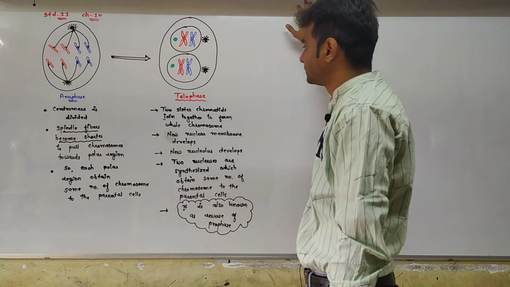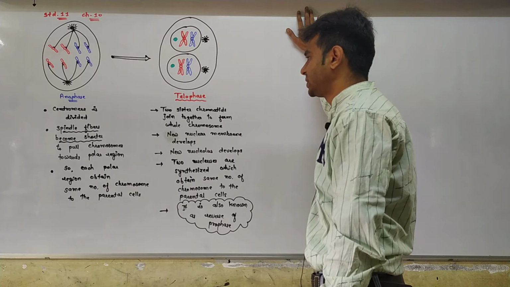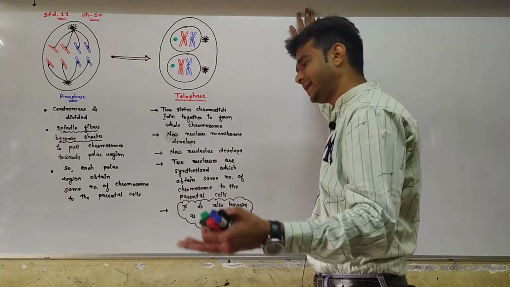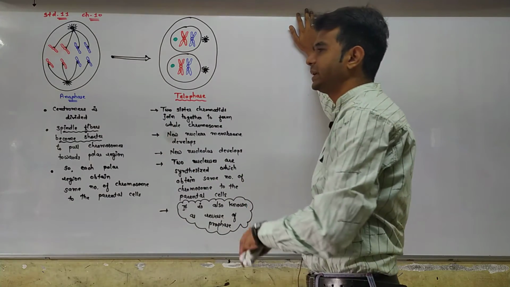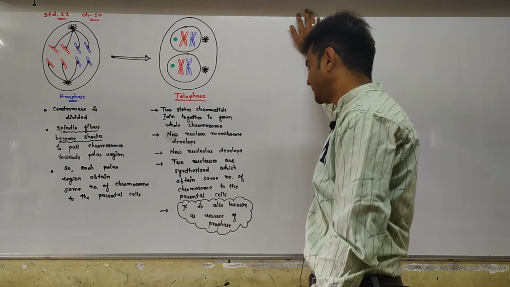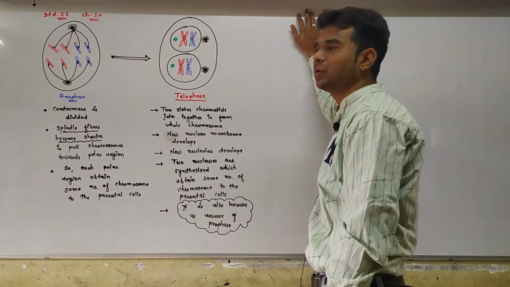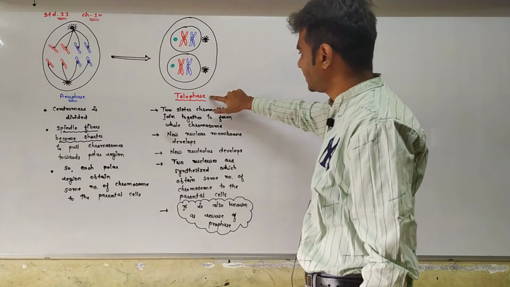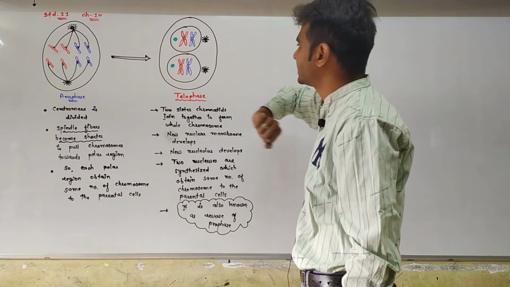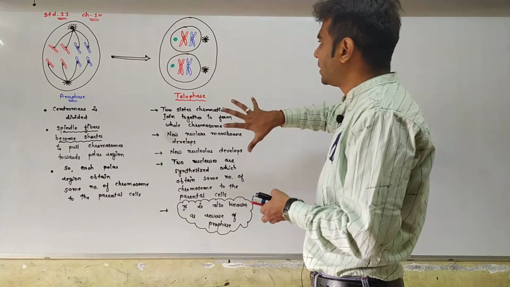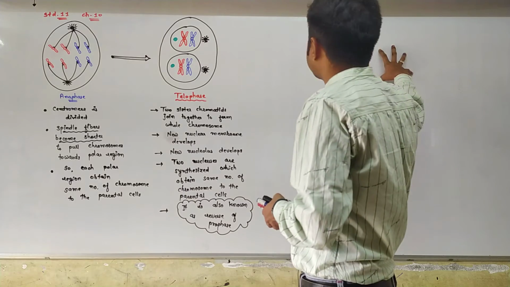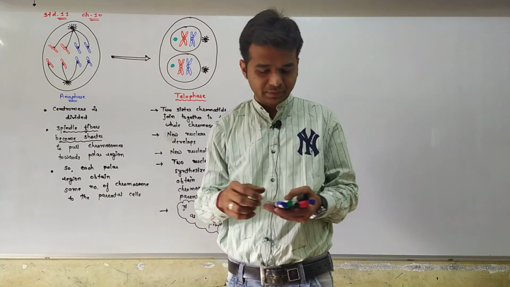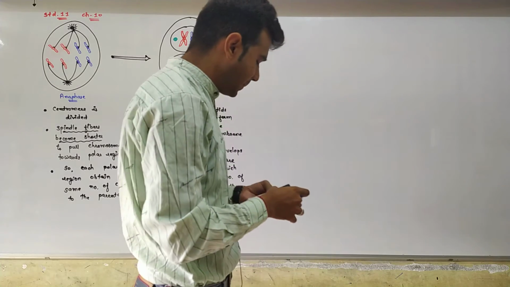And in the telophase stage, whatever phenomenon occurs in the prophase, the exact opposite phenomenon occurs here, and that's why it is known as reverse prophase. Fine. So at the end of the telophase stage, two nuclei are formed. Now onwards cytokinesis occurs. Okay, so what happened here?